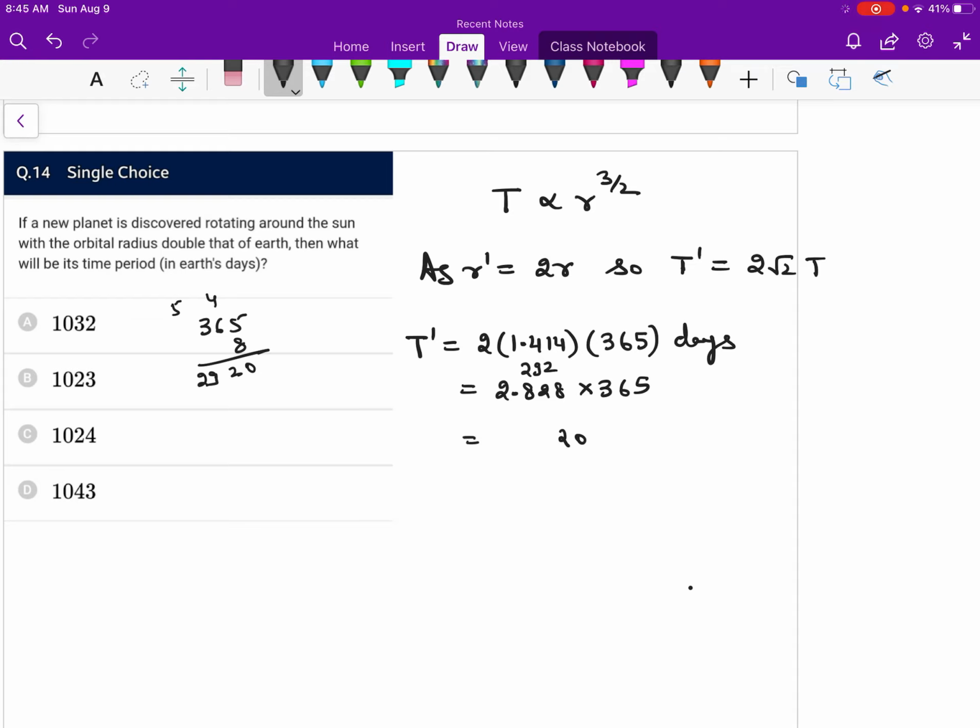So 2 is remainder, and 102 is carry forward. 365 8s are 2920 and 102. So 3022. So 2 remainder, 302 carry forward. 365 2s are 730. 730 plus 300, 1030. So 1032. So this is 1032.220 days. So the correct option is 1032 days.